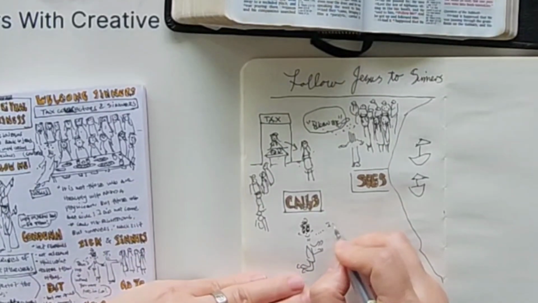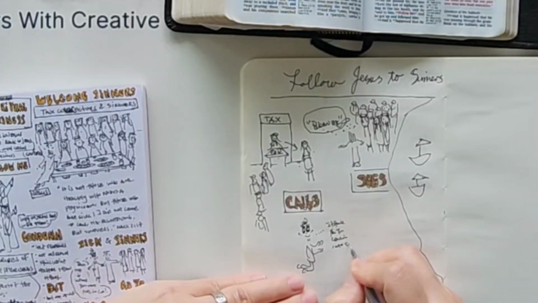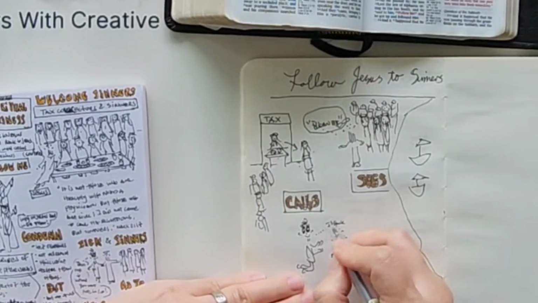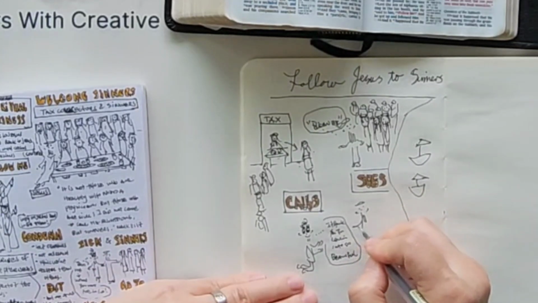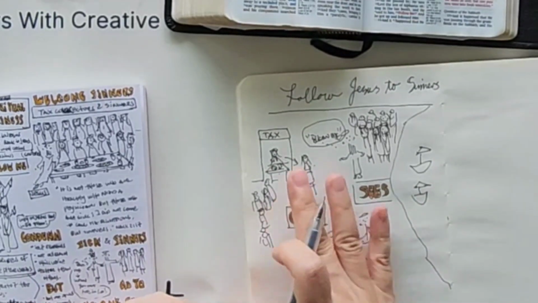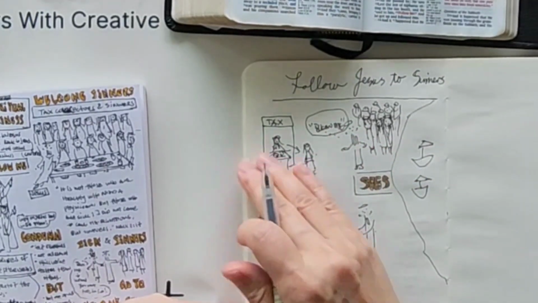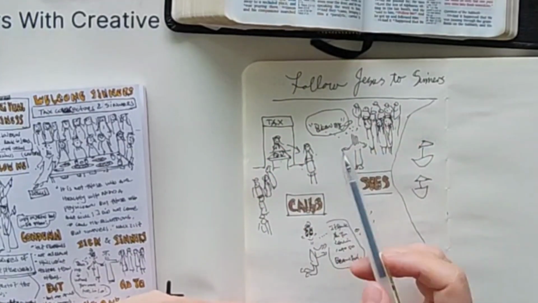Thank you for calling me into something so beautiful, a life that is pleasing to God. Jesus saw me where I was, and he reached out to me to call me to be his daughter, to have a relationship with me. So you can write your own reflections at the bottom.